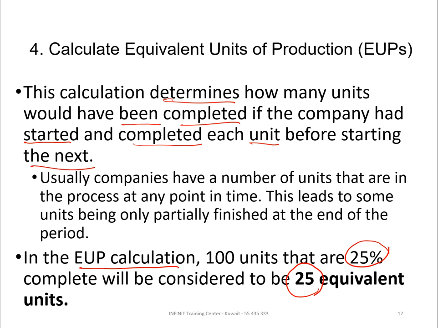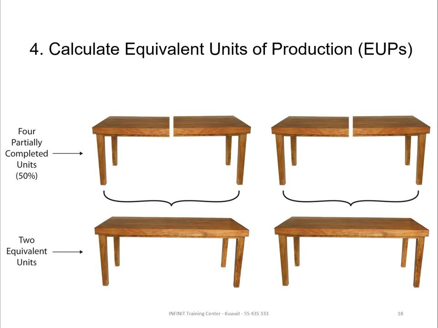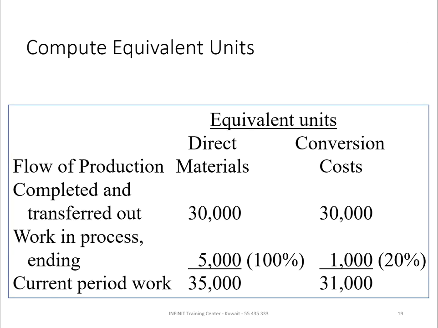Actually it is 100 units completed 25% only, but EUP is 25 units 100% completed. We have seen this example again, but as we discussed earlier, we have to calculate EUP for both conversion cost and material cost.